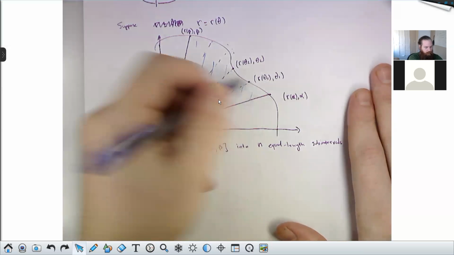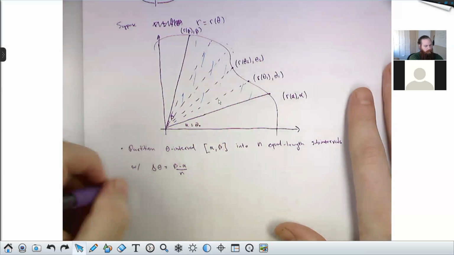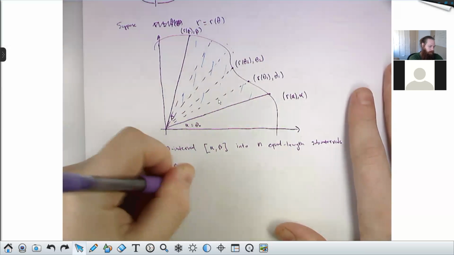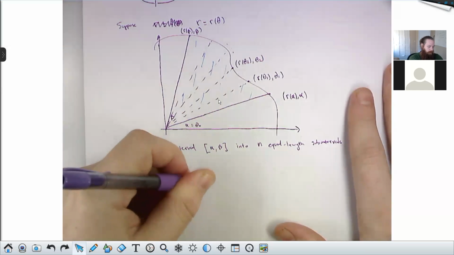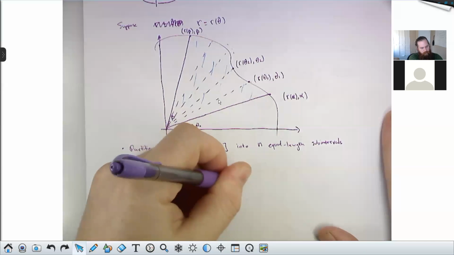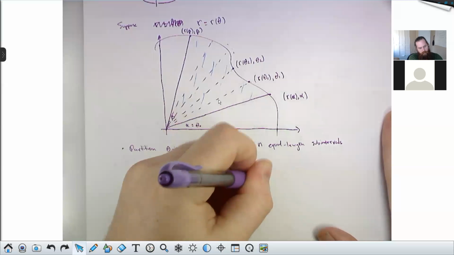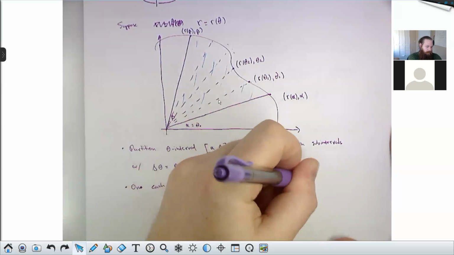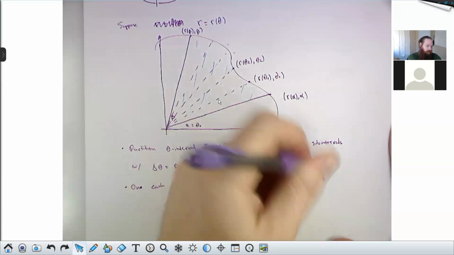I pretend like r is constant. On each subinterval, approximate the area as a sector of a circle.